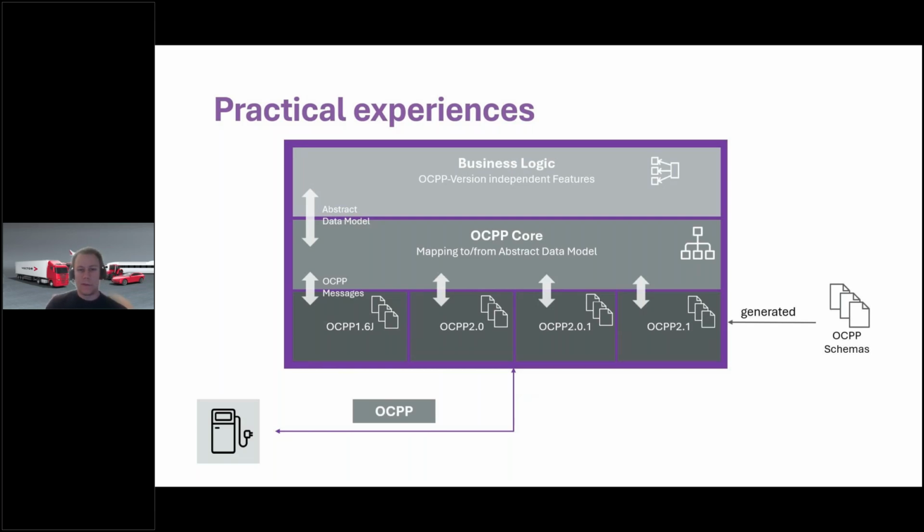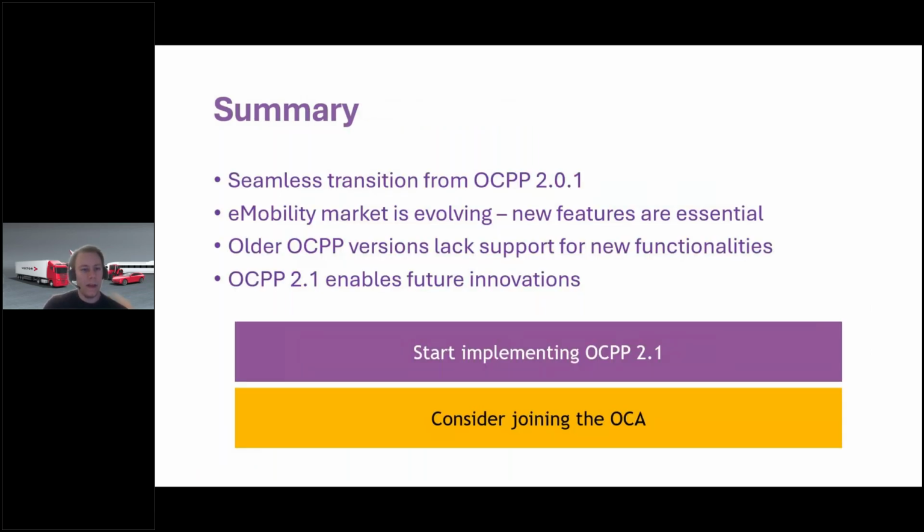So to summarize it all, we tried to make sure, and at least what we saw at Vector, this is also the case, that we have a seamless transition from OCPP 2.0.1 to the new version, OCPP 2.1. But what we are also seeing is that the e-mobility market is still evolving. It's still a new market.